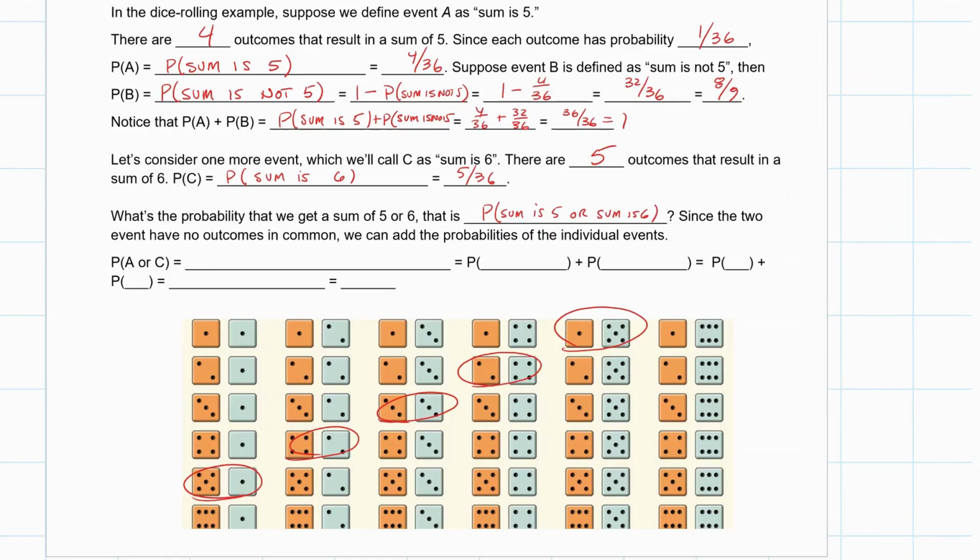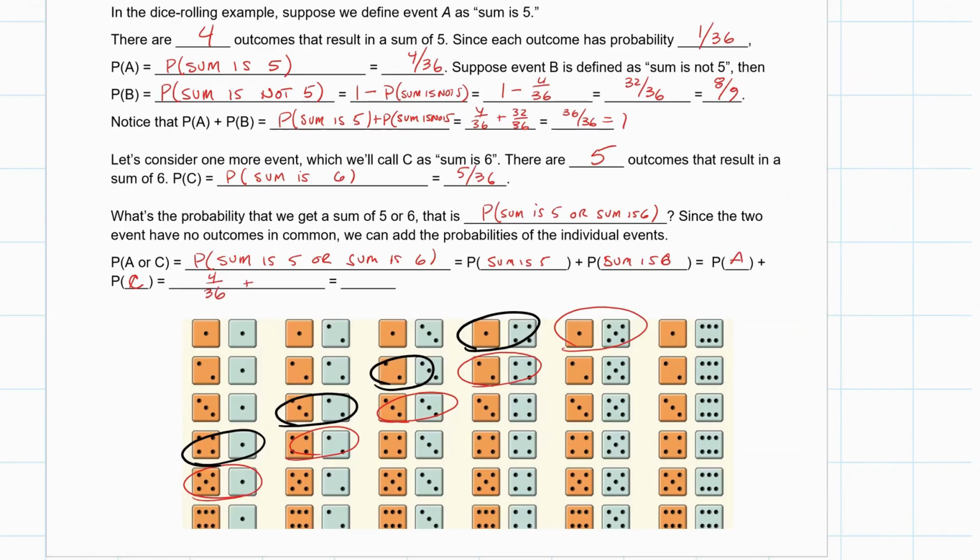Since they have no events in common, we can simply say that the probability of A or C, again, the probability the sum is 5 or the sum is 6, is the probability that the sum is 5 plus the probability the sum is 6, or the probability of A plus the probability of C. In that case, the probability the sum is 5 is 4/36.